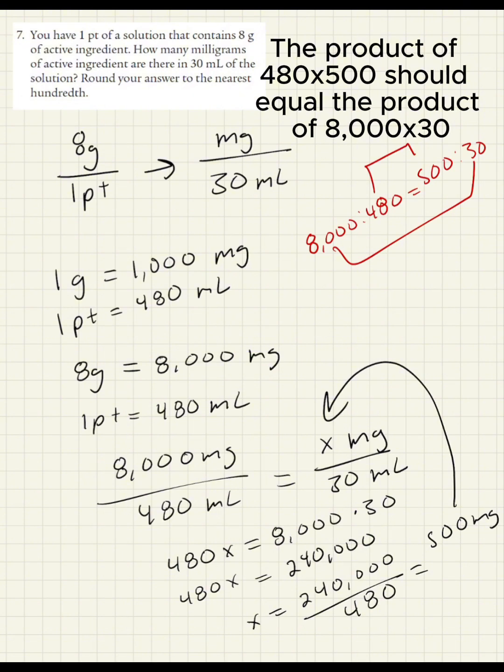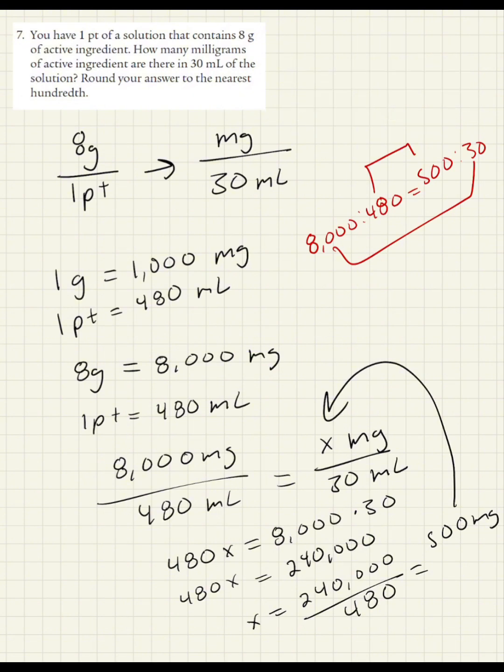Let's see. 480 times 500 is equal to 240,000. And what about 8,000 times 30? Again, equal to 240,000. So those equal each other, so we're good. And yep, that's your answer.